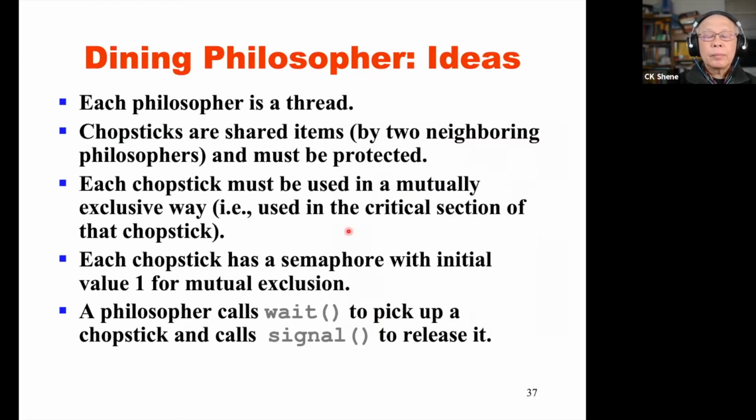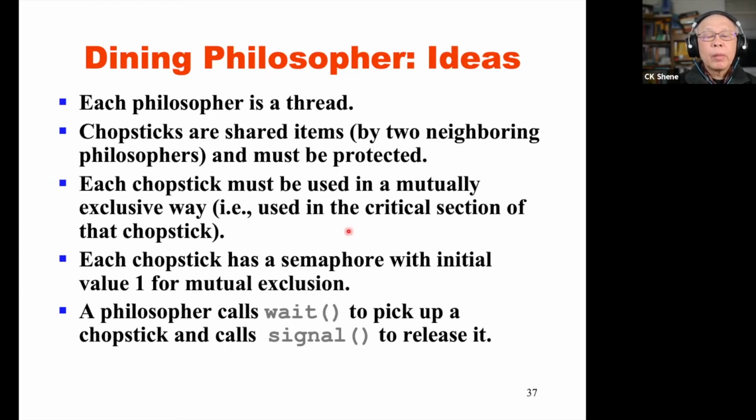Because each chopstick is being shared by two, we need to guarantee each chopstick can only be used by exactly one philosopher. Therefore, each philosopher must use a chopstick in the critical section of that chopstick. As a result, we need the semaphore to protect it.